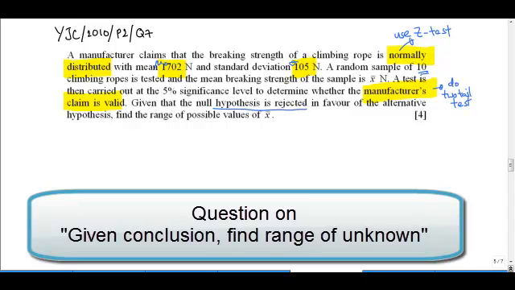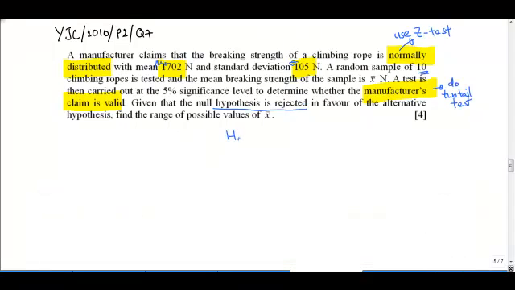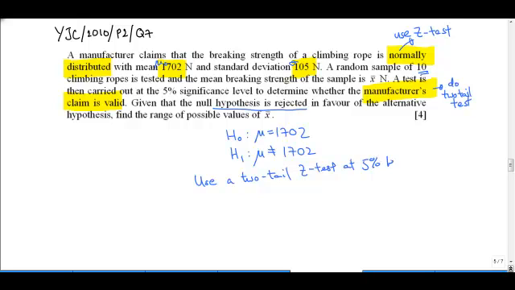To do the question, the first thing we do is state the hypotheses. H0: mu equals 1702. The alternative hypothesis, as we said earlier, is a two-tailed test, so H1: mu is not equal to 1702. Use a two-tailed z-test at 5% level of significance.